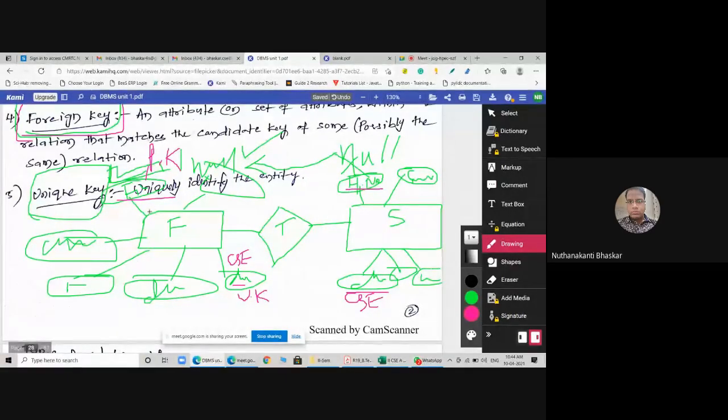So from faculty to students, the faculty primary key is faculty ID, the student primary key is hall ticket number. We have many unique keys on both sides, but the foreign key of faculty is department.